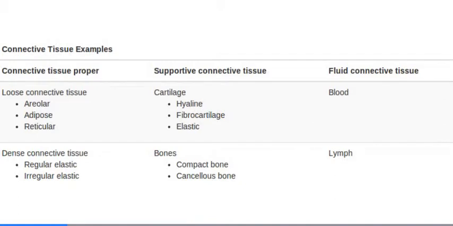This table from the book classifies the tissues similar to what I just showed a little bit ago. The connective tissues proper are the ones that actually do the connecting of things. There's a loose version and a dense version, and there are subtypes of each of those. Then the book uses the terminology supportive connective tissues for cartilage and bone, because again, they don't actually connect things together.